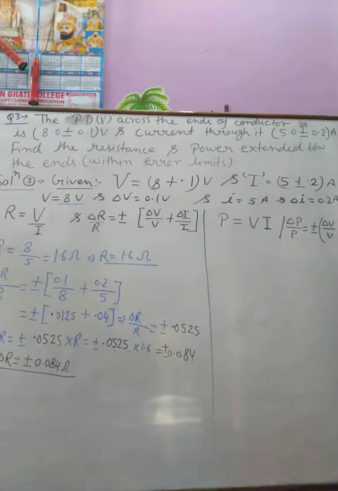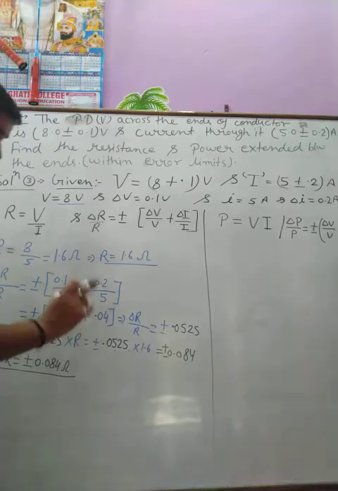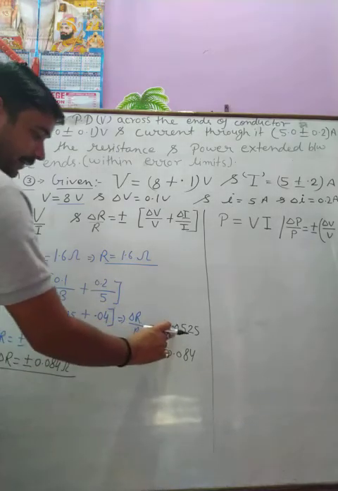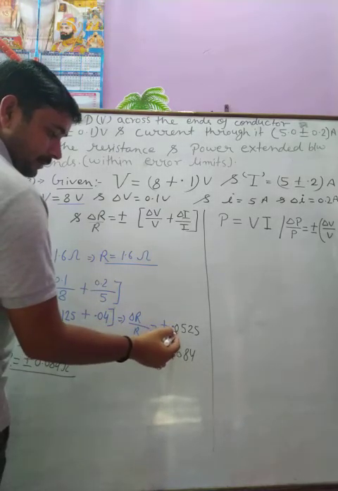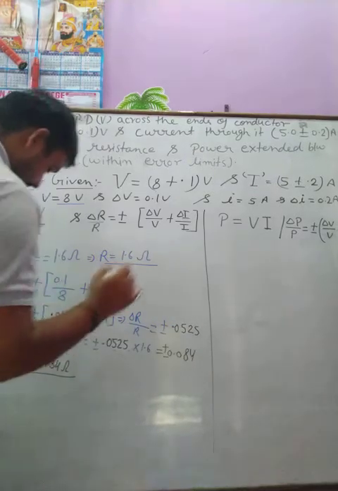Okay students, there is a calculation error. When we divide 0.1 by 8 we get the result 0.0125 and plus this. On solving this we get the result 0.0525.